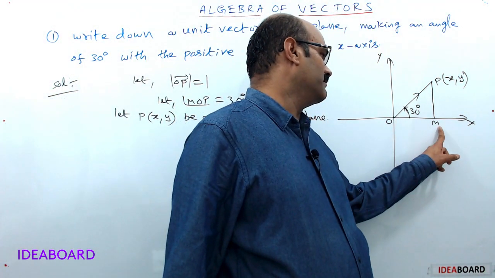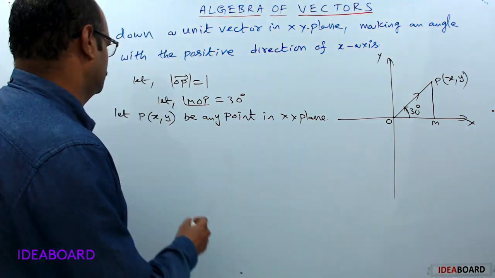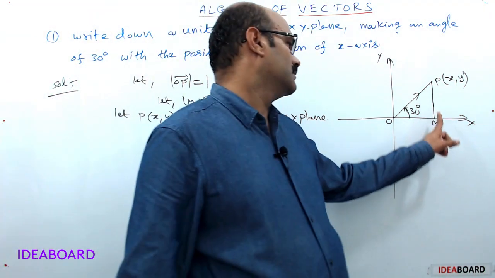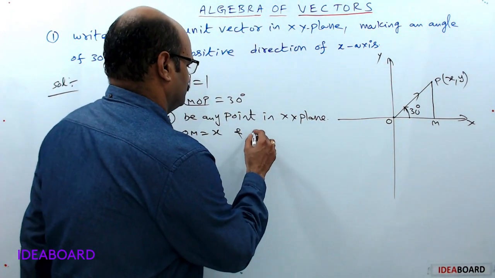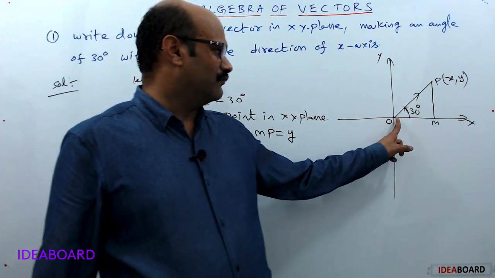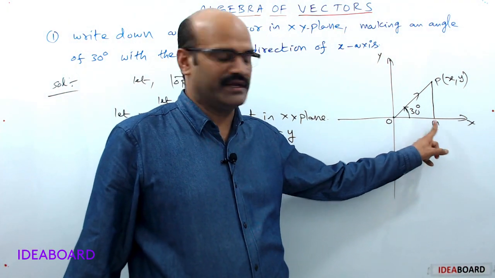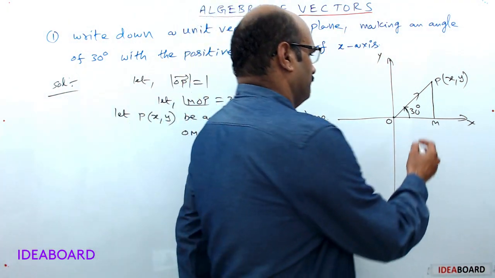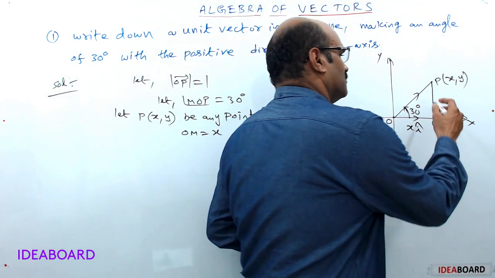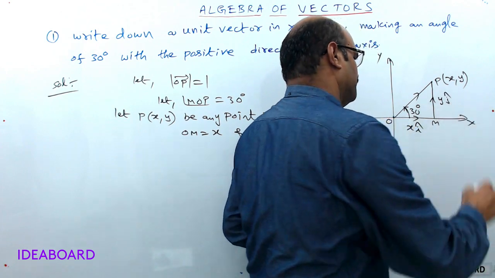The length of OM equal to x and MP equal to y. We know that OM vector is always equal to x into i cap and MP vector is always equal to y into j cap.